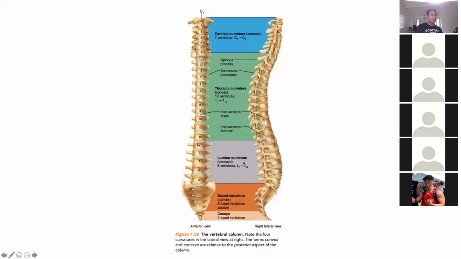In lumbar, we have 5. Sacrum, 5, but they are all fused. And coccyx, we have 4, again all fused. So in total, we have about 33 vertebrae, but some people might have only 32, and some might have 34. It doesn't really matter, the average is 33.